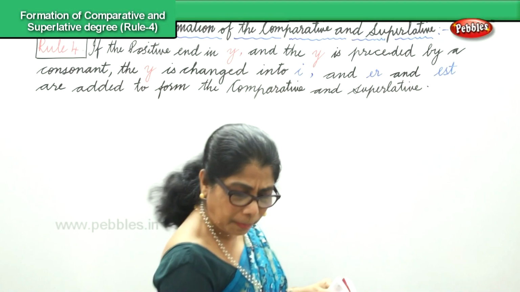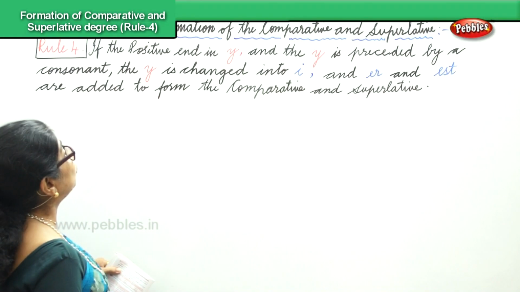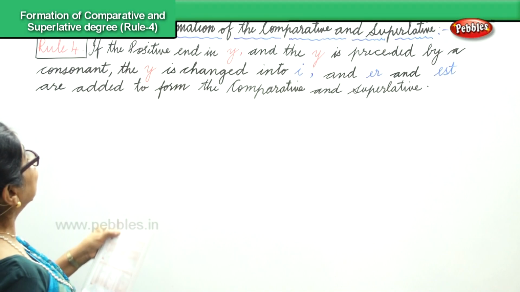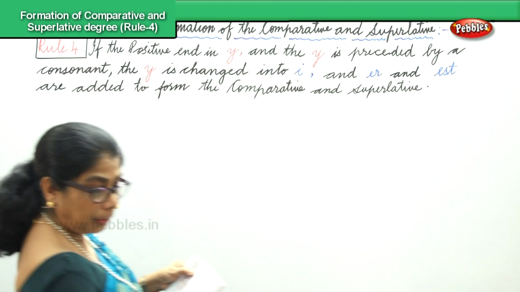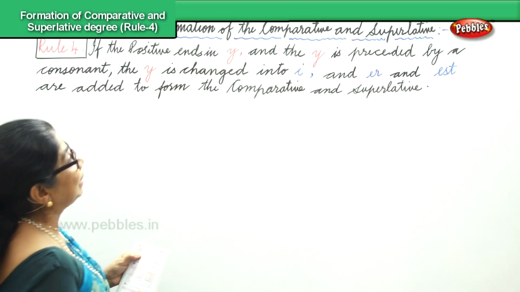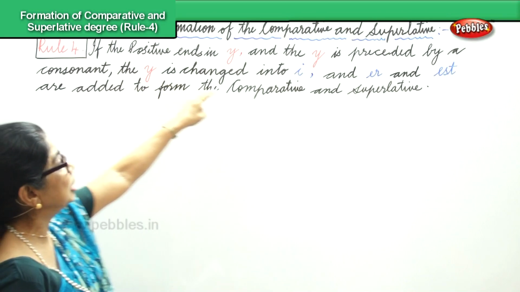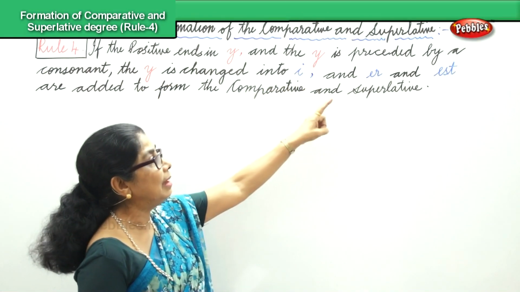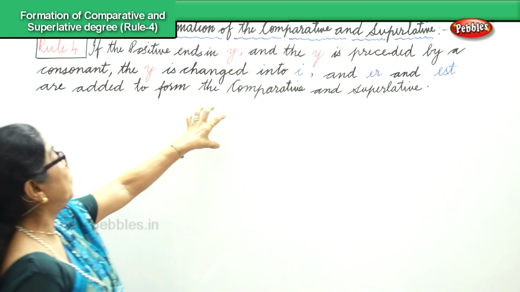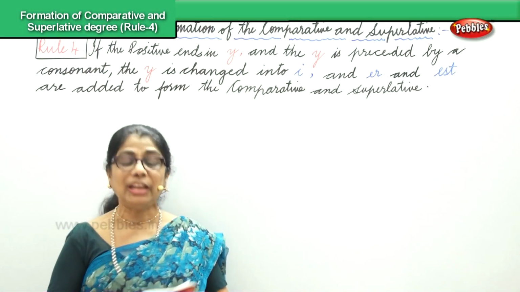Okay, let's look at the rule number 4. Rule number 4 says positive ends in Y, and the Y is preceded by a consonant. The Y changes into I, and ER and EST are added to form comparative and superlative.